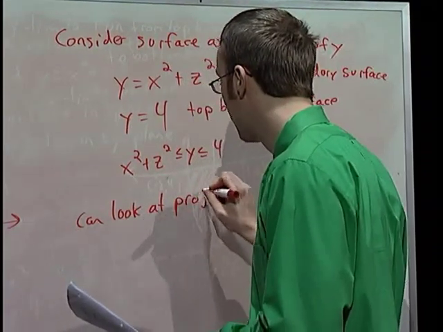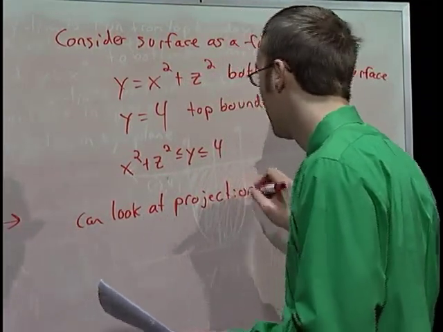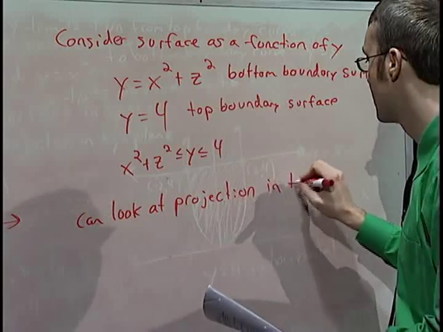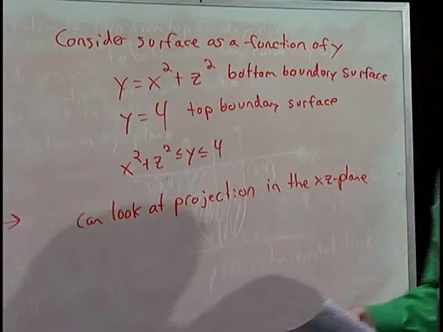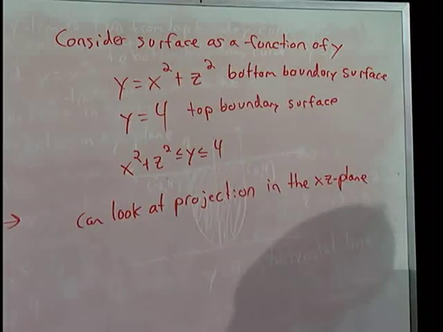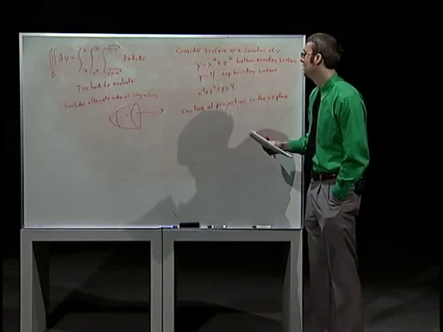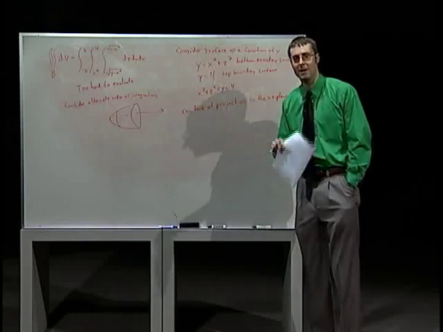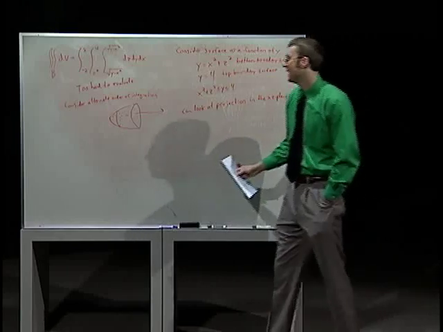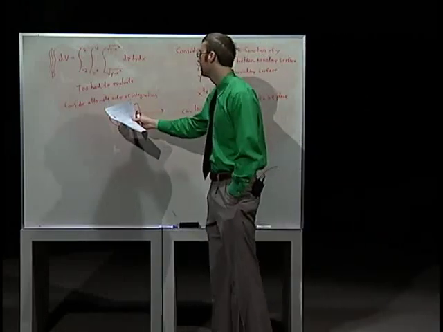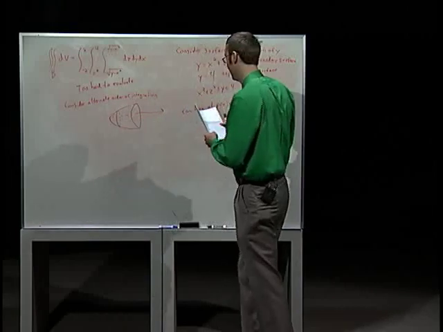So now there's no need to look at the xy plane anymore because we already have y done. Look at the projection in the xz plane, right? Okay. So any of the planes will do, it doesn't matter. Whichever variable defines your surface, look at the projection in the plane of the other two variables, okay? And like I said before, in the xz plane, this thing forms circular cross sections, right?